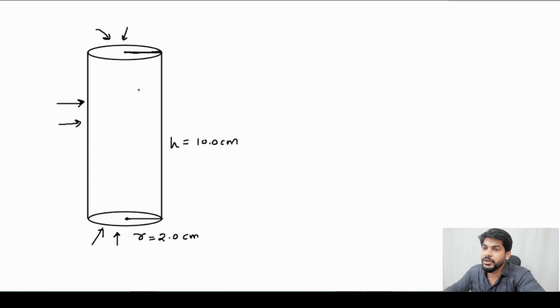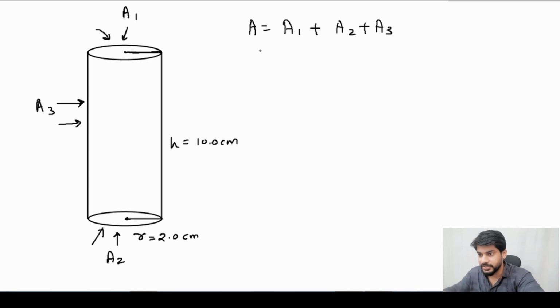So here we have got three areas: A1, A2 and A3. The total area is A1 plus A2 plus A3. First, A1 is the surface area of the top.